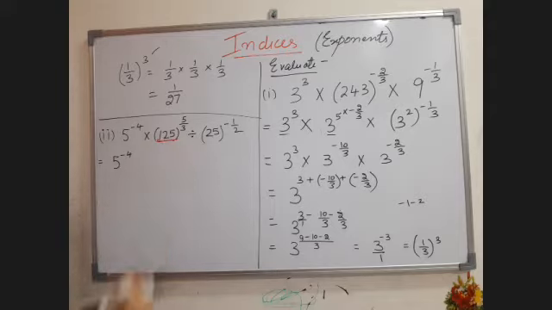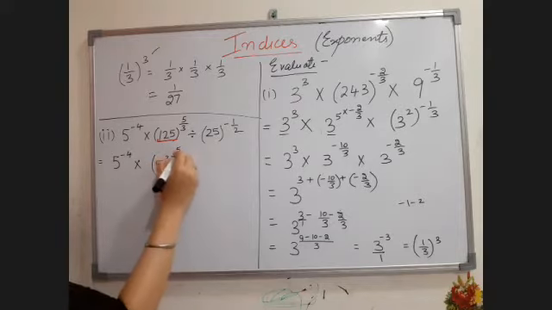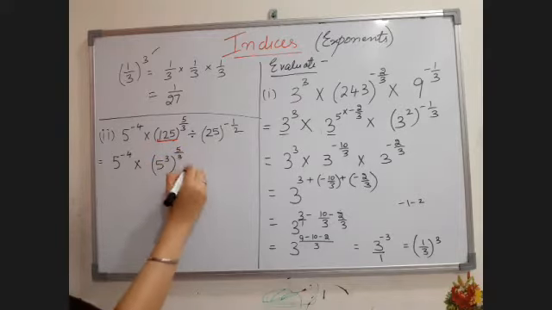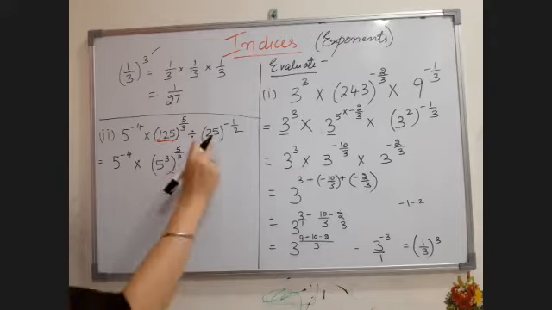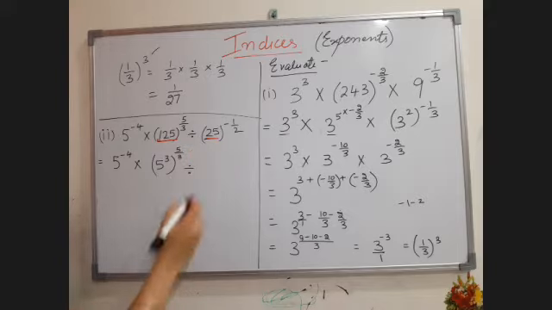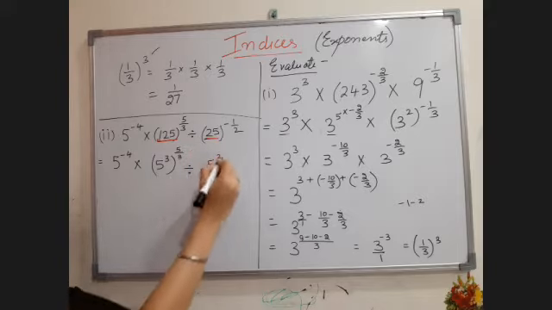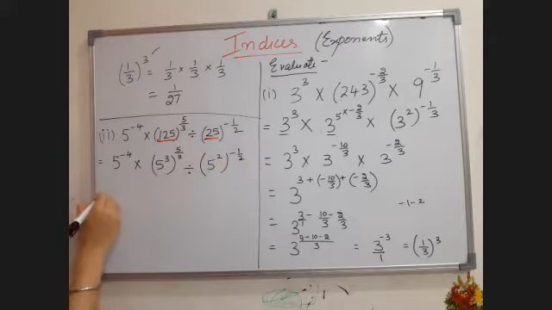What is the exponential form of 125? 5 to the power 3. Yes, 5 into 5, 25, 25 into 5 is 125. And what's the exponential form of 25? 5 square, 5 to the power 2, minus 1 by 2.